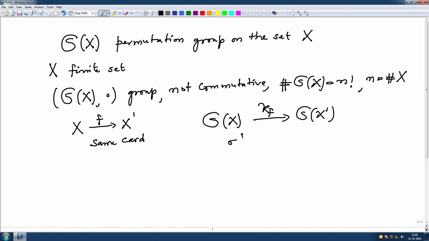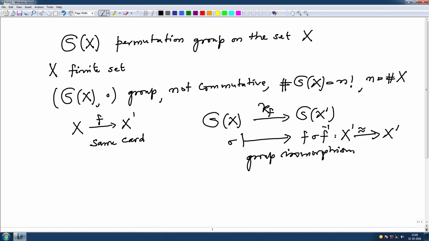That means any sigma goes to f inverse sigma f. This is a map from X prime to X prime, and if sigma is bijective, this is also bijective, so it is indeed an element here, and this kappa map is a group homomorphism. So, it is a group isomorphism.